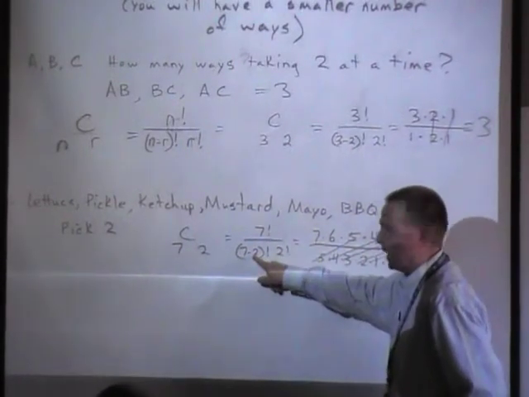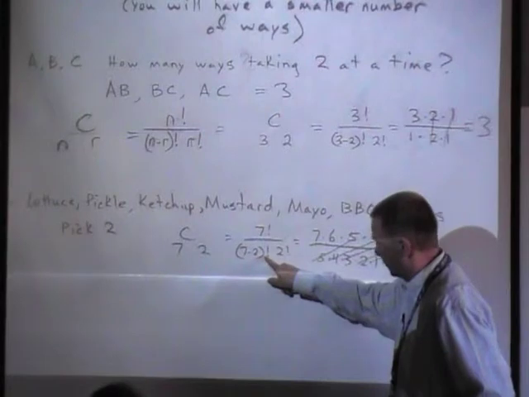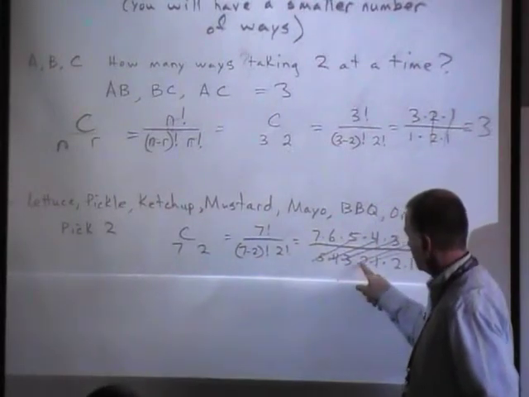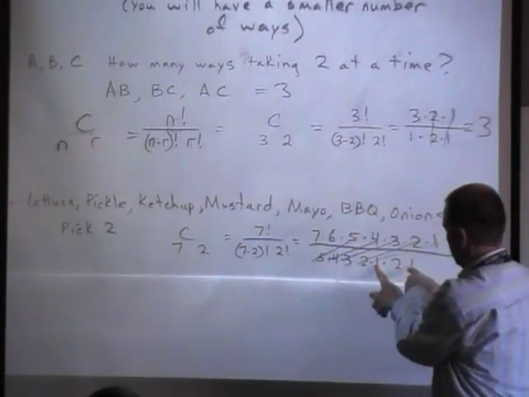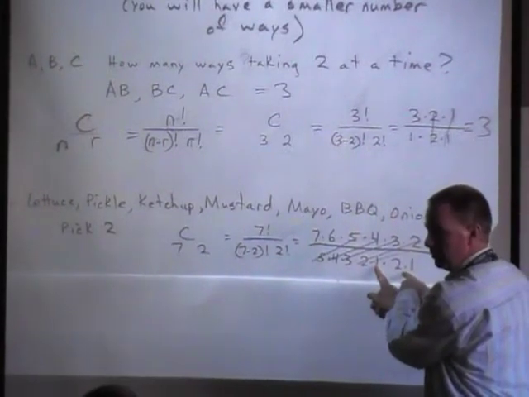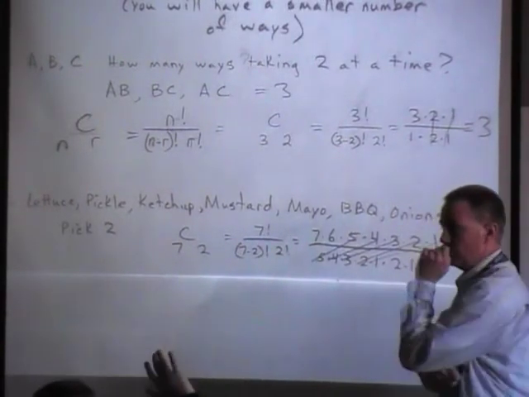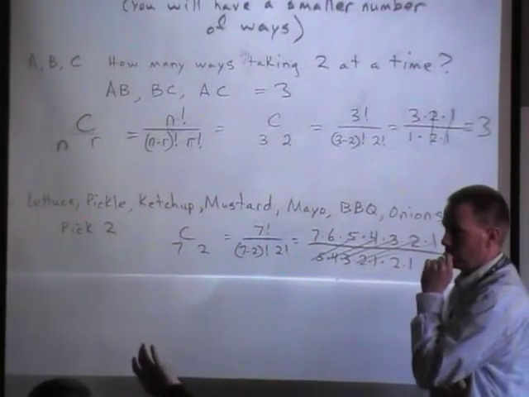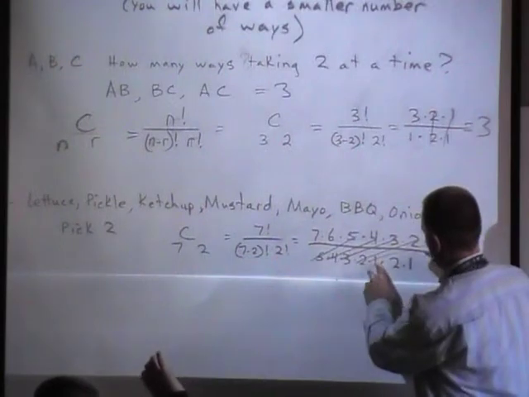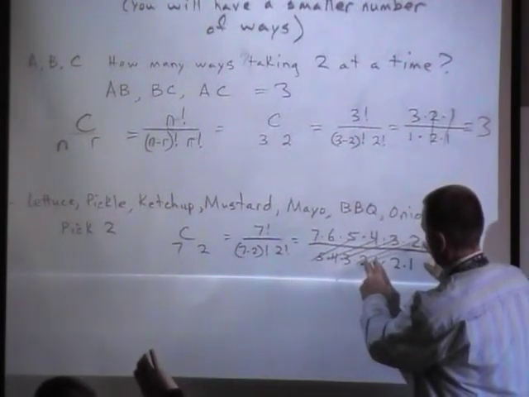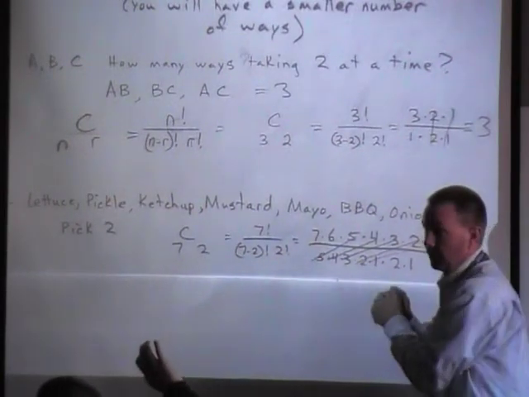Okay, 7 minus 2 is 5 factorial, right? And there's a factorial, so 5, 4, 3, 2, 1. And then you have this 2 factorial, 2, 1. This is all multiplication. You can only get rid of one of them, right? Either way, it wouldn't matter. You still have something left over.